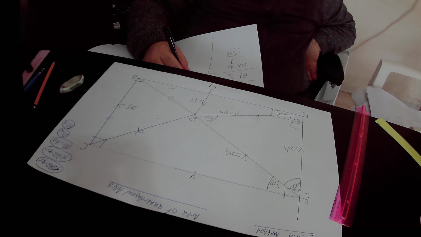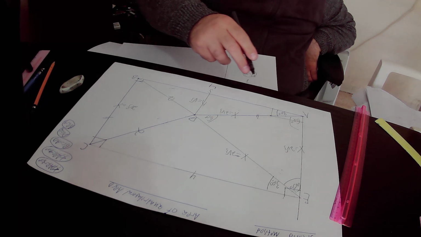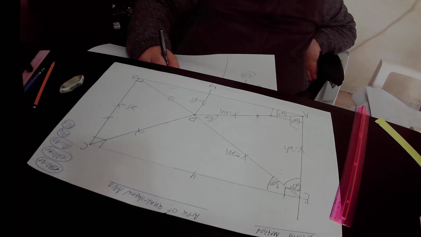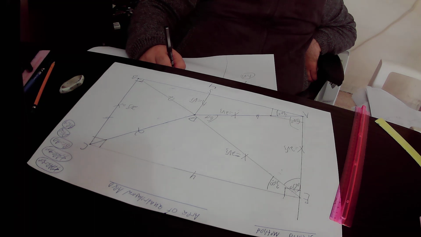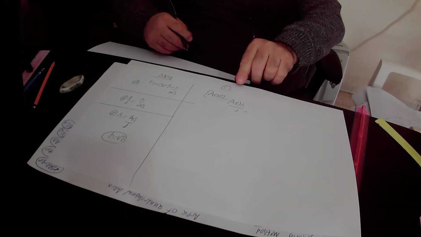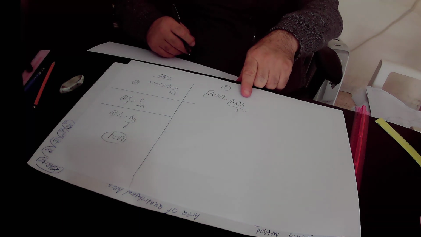The area of triangle ADB will be equal to the base of the triangle, that is AB, times the height, that is H, over 2.